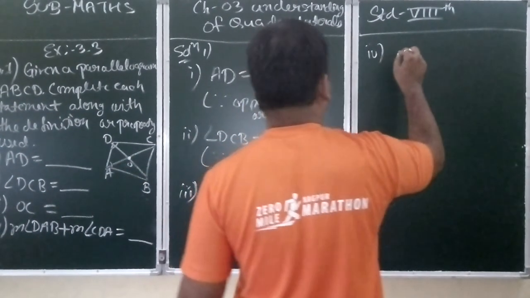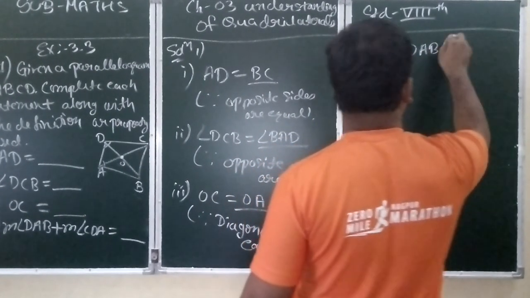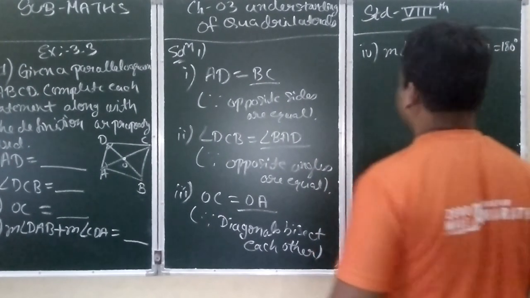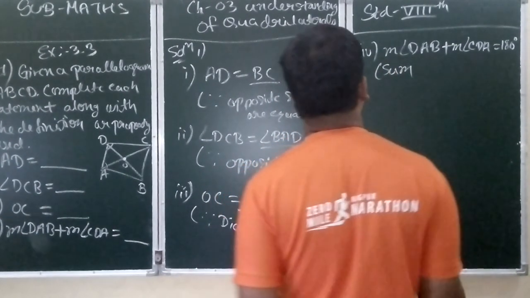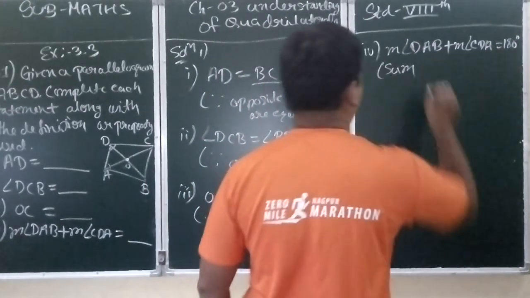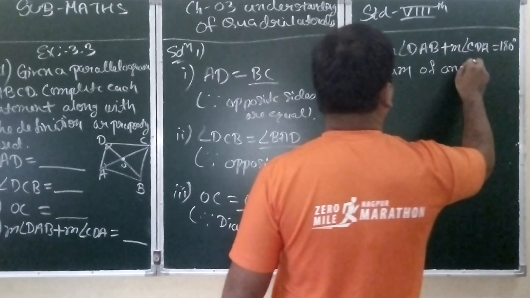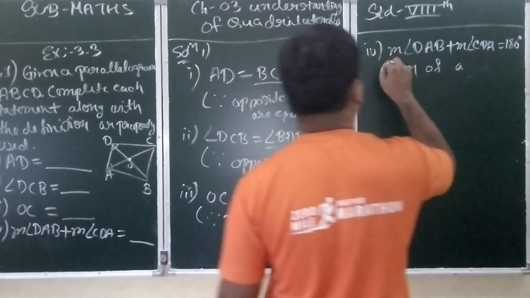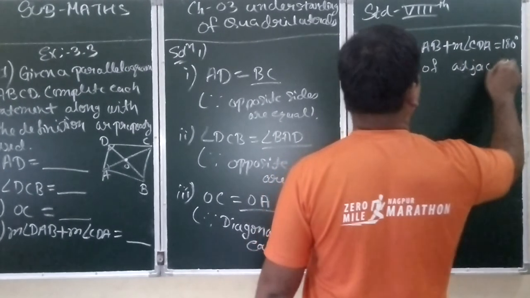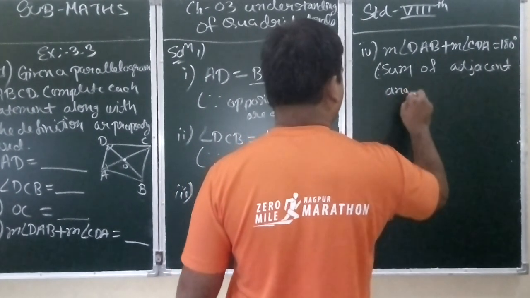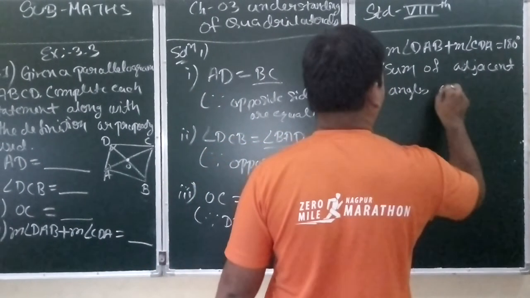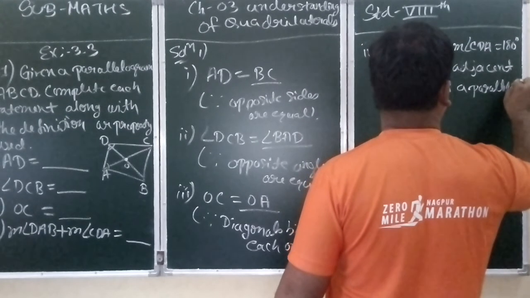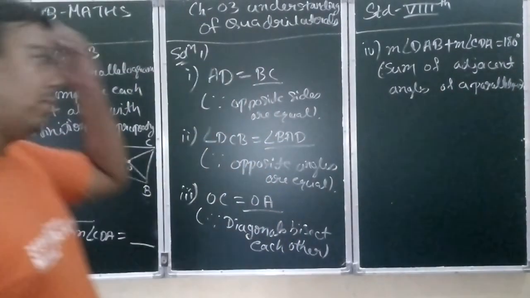So measure of angle BAD plus measure of angle CDA is equal to 180 degrees, the sum of adjacent angles of a parallelogram.